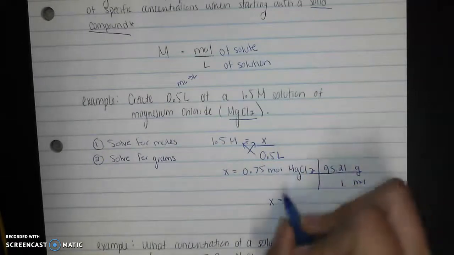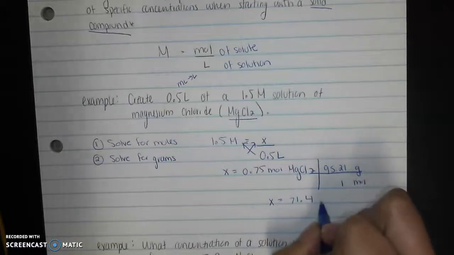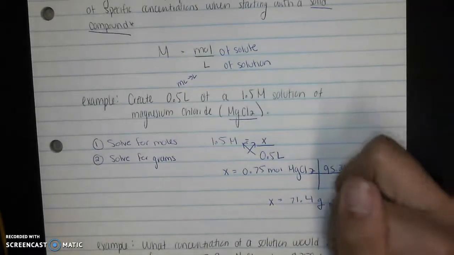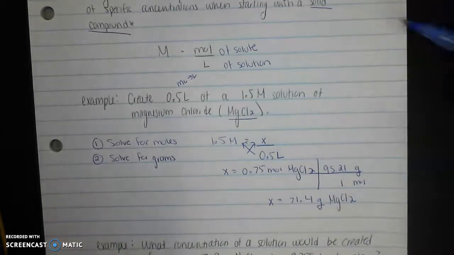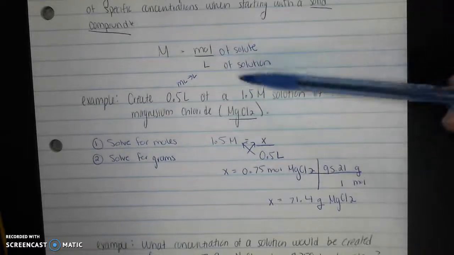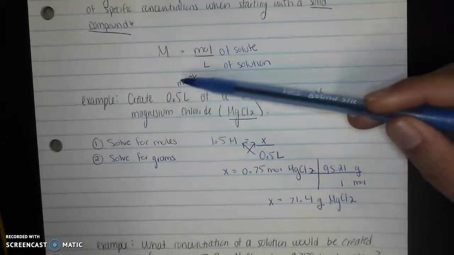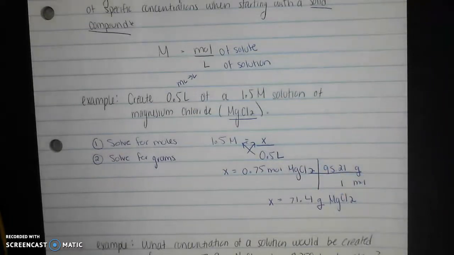When I multiply across, I get 71.4 grams. So that tells me that in order to create this solution that has a concentration of 1.5 molar and a volume of 0.5 liters, I need 71.4 grams of MgCl2.